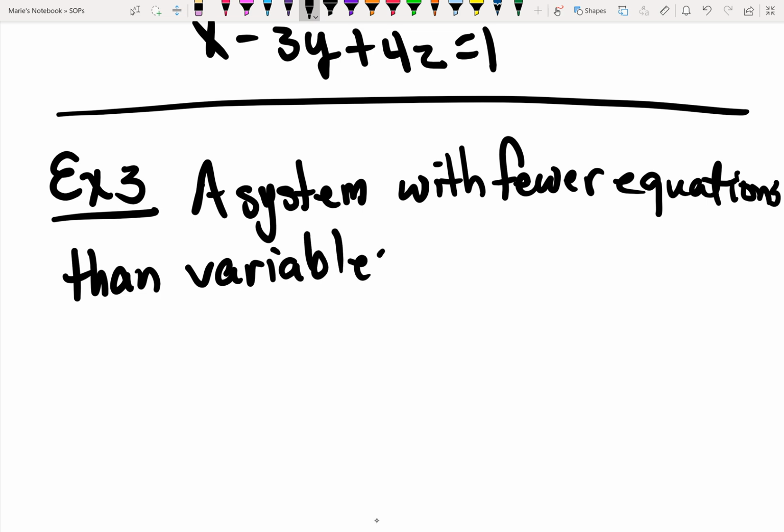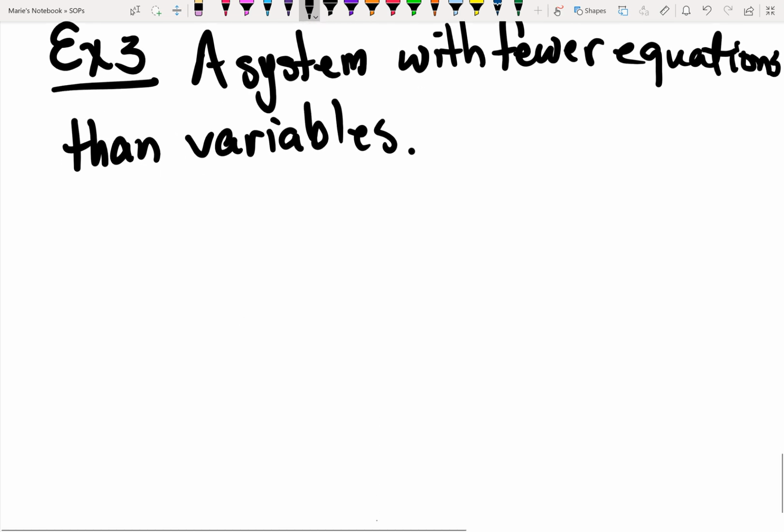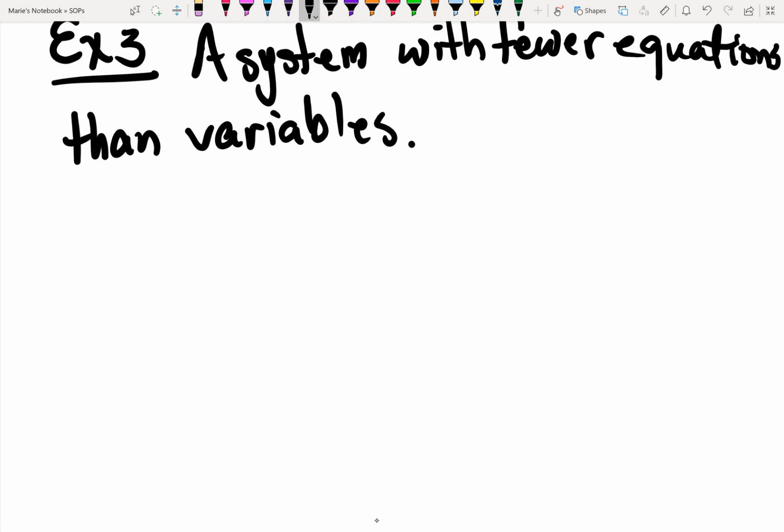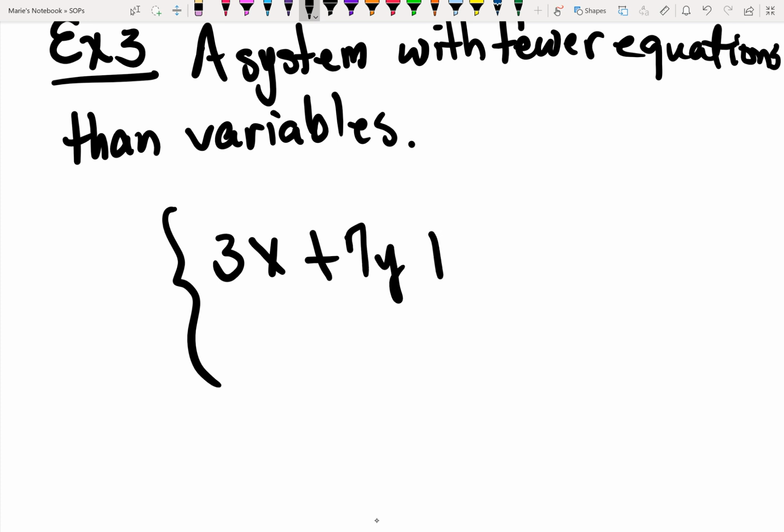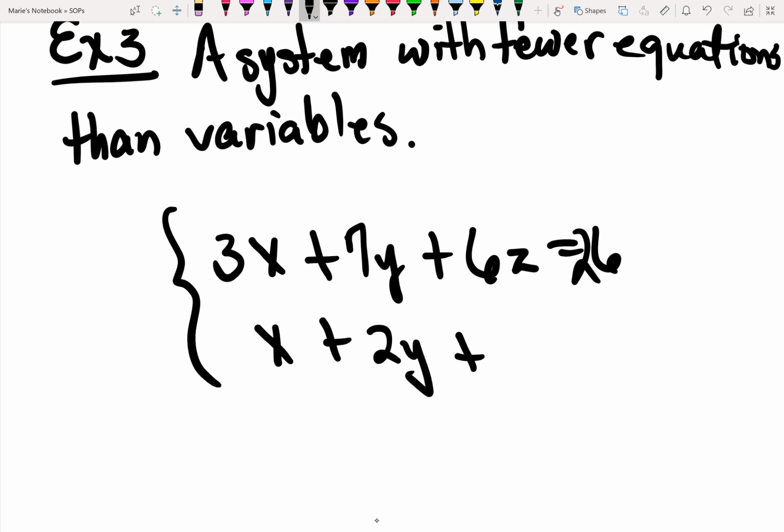What does that mean? So we have 3x plus 7y plus 6z equals 26. We have x plus 2y plus z equals 8. We're going to use Gaussian elimination to solve this question as well.